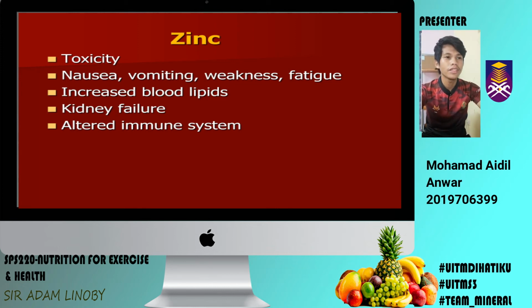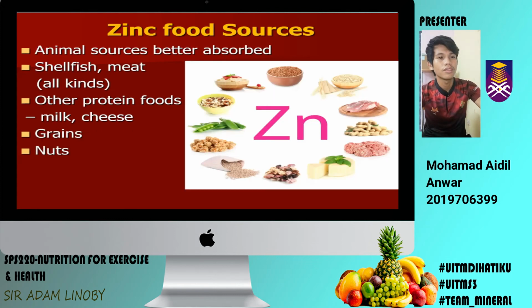So zinc deficiency will raise the risk of getting kidney failure and an altered immune system. The zinc food sources are such as animal sources, which are better absorbed. For example, shellfish, meat, and all kinds of meat. Other protein foods like milk and cheese, for example, and grains and nuts are plant-based foods.